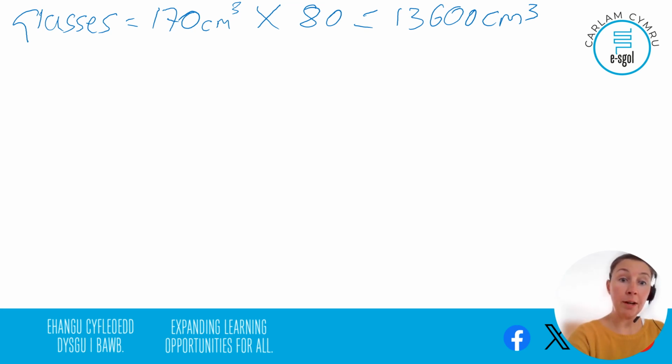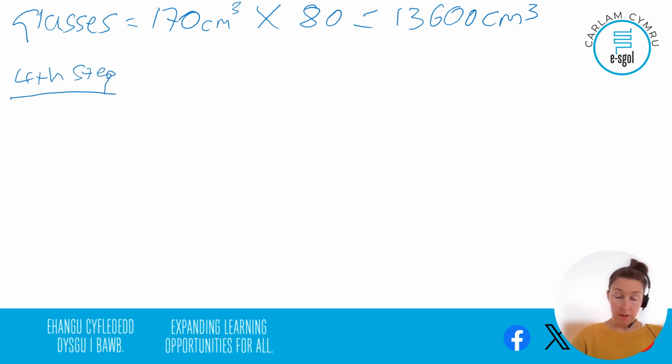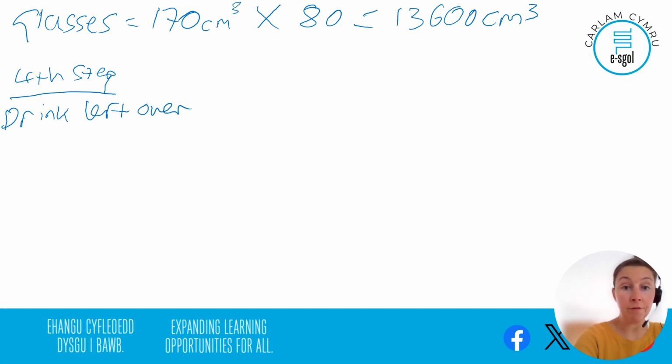Your fourth step, in case you forget, we're on the fourth step now. So we need to work out how much drink is left over. So if I write drink, or you can write lemonade, left over.